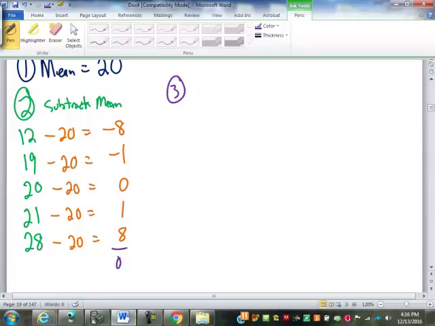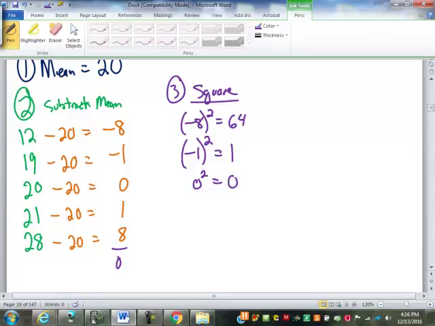It's not part of the calculation. What's the third step? Square them. So negative 8 squared is 64. Negative 1 squared should be 1. 0 squared should be 0. 1 squared, 1. 8 squared, 64.